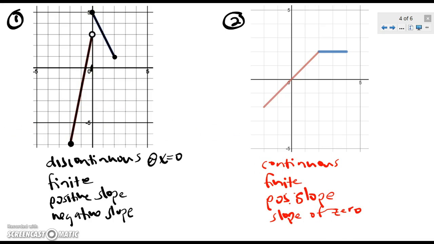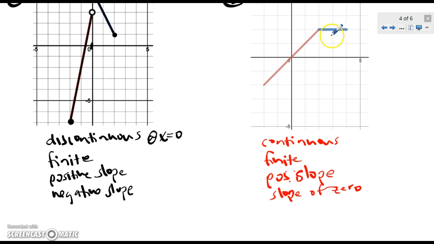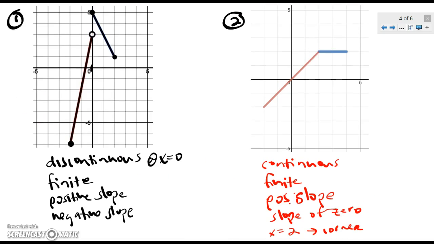And there seems to be something happening here at x equals 2. We'll call that a corner. Yeah, we learned that yesterday. We call that a corner, and we call these endpoints.